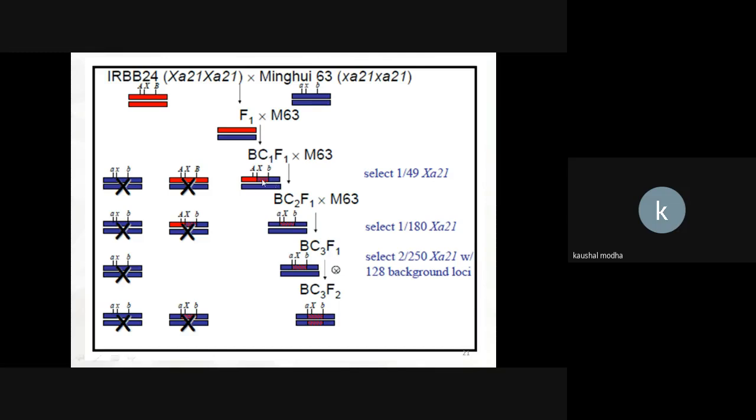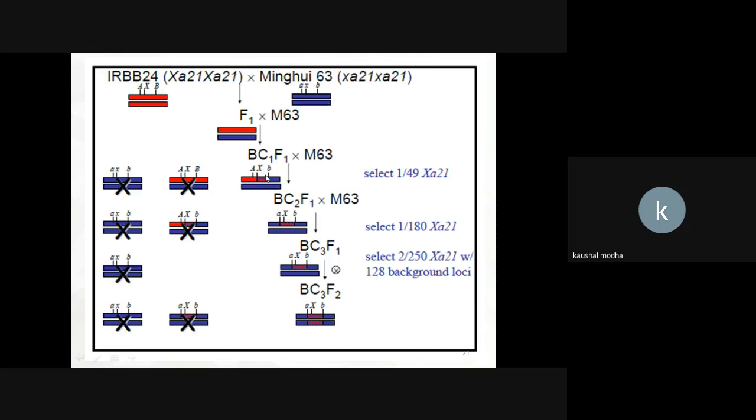So out of so many cases, in a few plants, you may see that this target locus is present, but this region is present from the recurrent parent. Small b is present instead of the capital B allele of this marker locus.